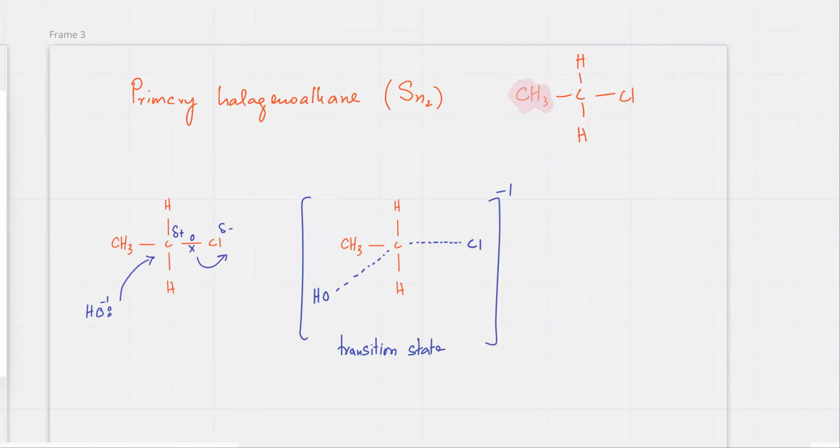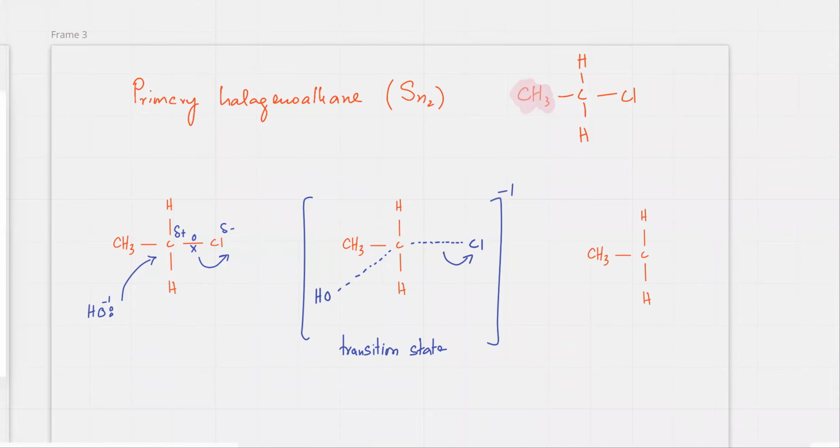And in the next part, the Cl will eventually leave. It's going to break off, take its electrons, and go away. So the OH is going to eventually take its place. The Cl has left and the OH has come in and bonded with that particular carbon atom.